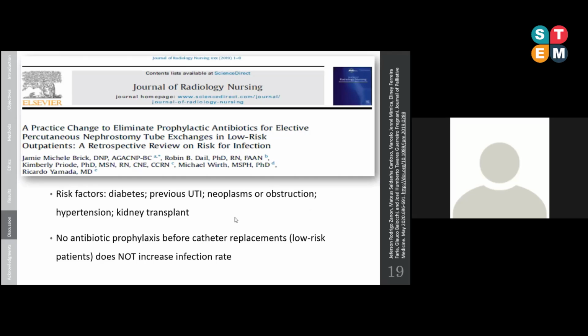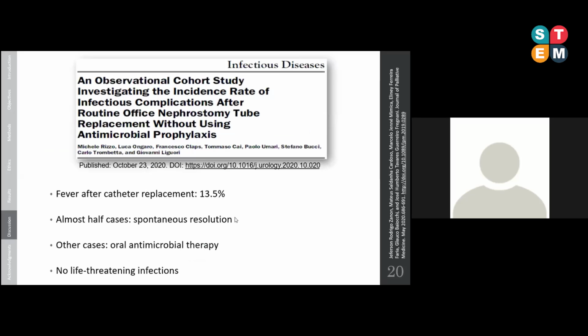They concluded that no antibiotic prophylaxis before percutaneous nephrostomy for low-risk patients, in other words, with no or one risk factor, does not increase the infection rate. And just to knot our brains, this recently published Italian prospective study showed that there are no life-threatening infections after catheter replacement without antibiotic prophylaxis.